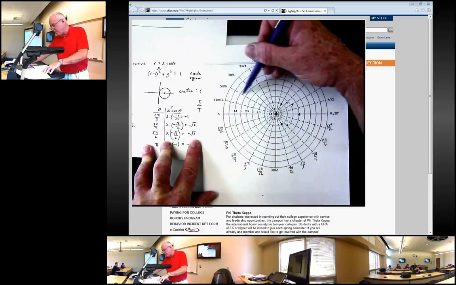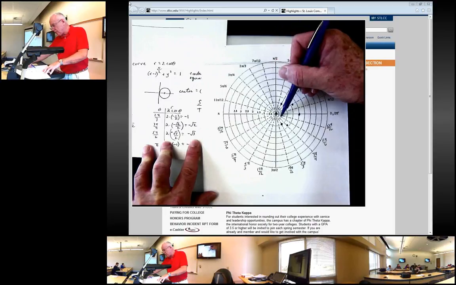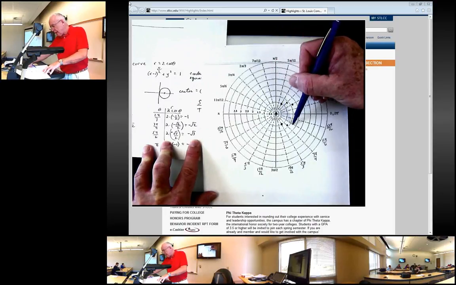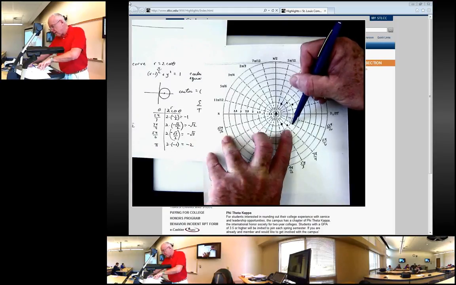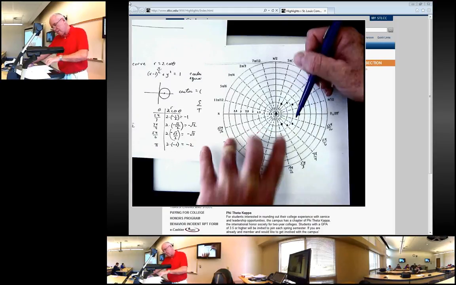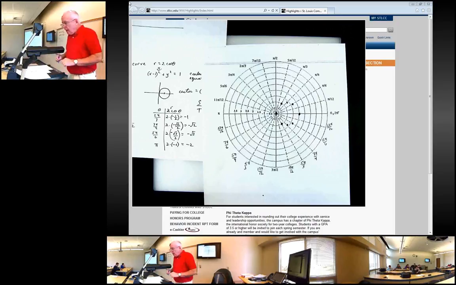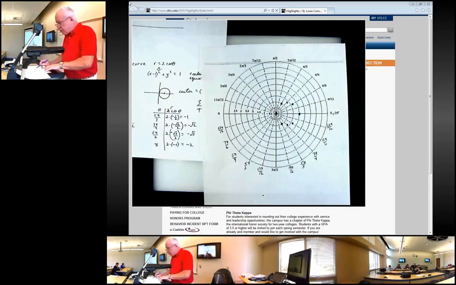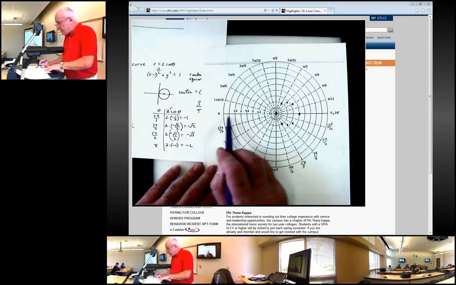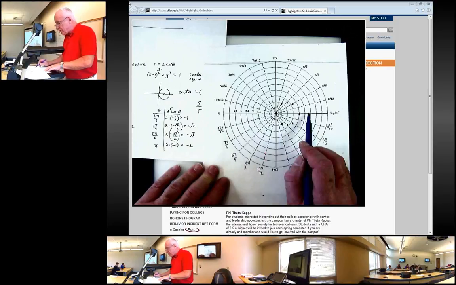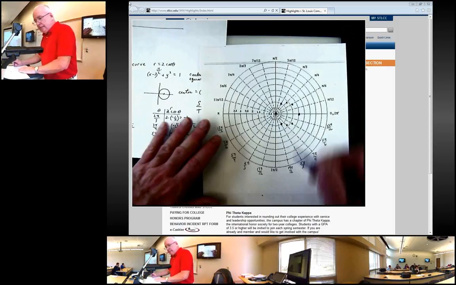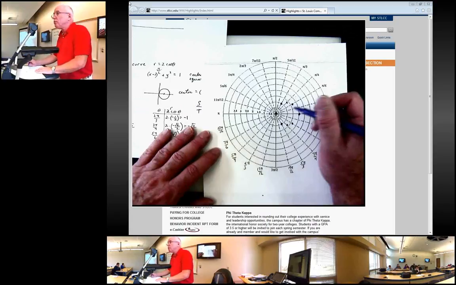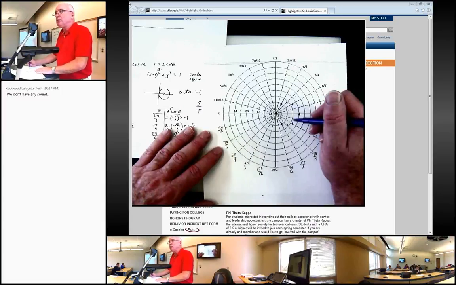So 5 pi over 6, we trace that, and we're going to be a little bit on the outside of 1.5, like that. Okay. And then finally, when we're at pi, which is this line right here, we're at -2, so we're going to go back in the other direction, and we had already plotted that point. Okay. And then we attempt to connect these with a smooth curve.